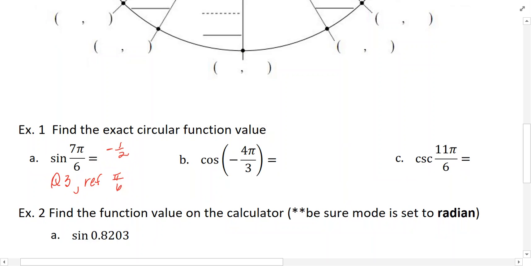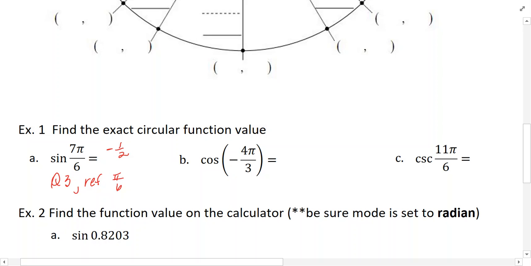All right, let's look at cosine of -4 pi/3. First of all, what's the reference angle for -4 pi/3? Negative pi over 3. Just pi/3. You're right, it's an acute angle, but we'll just keep it as the one that's coming from the first quadrant. So, correct, pi/3 would be our reference angle. So in my brain, I'm folding down my pointer finger here. What quadrant is -4 pi/3 in? 2.